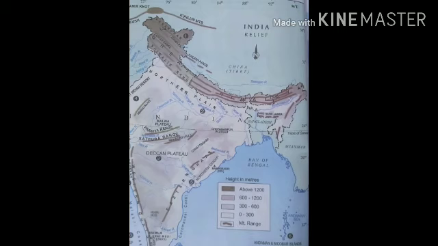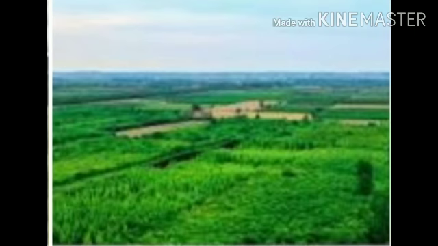The rivers, when they enter into plain from the mountains, deposit pebbles in a narrow belt of about 8 to 16 km in width, lying parallel to the slope of the Shivalik. It is known as Bhabar. All the streams disappear in the Bhabar belt.